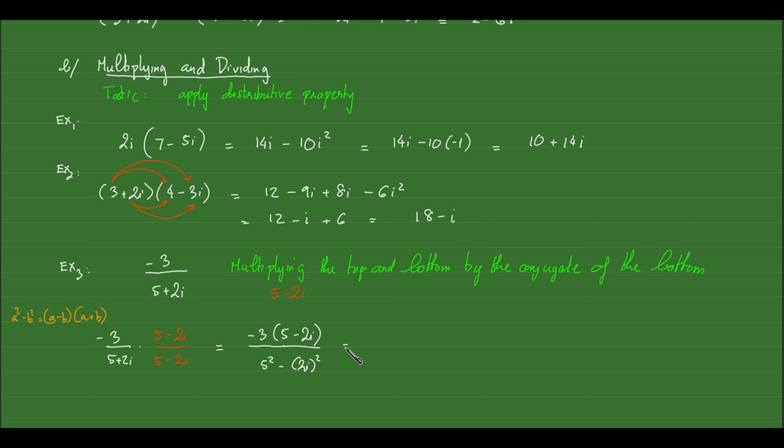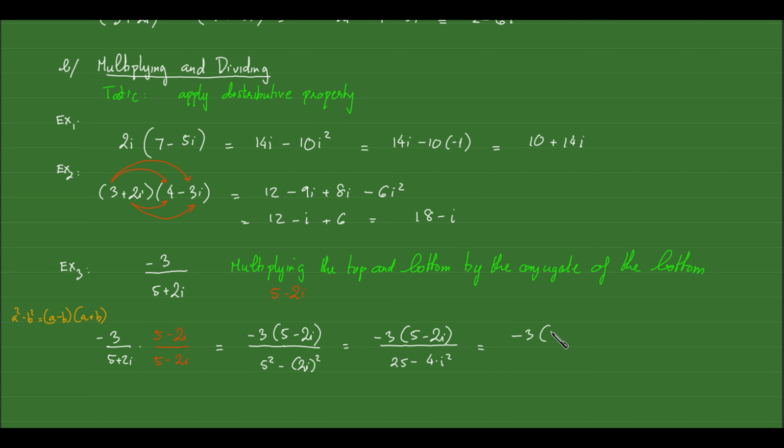Okay, and now what we have over here, we have negative 3, 5 minus 2i, and at the bottom we have 25. So negative 2 squared gives you 4, and times i squared, right? I'm going to do it step by step, and i squared gives you negative 1.